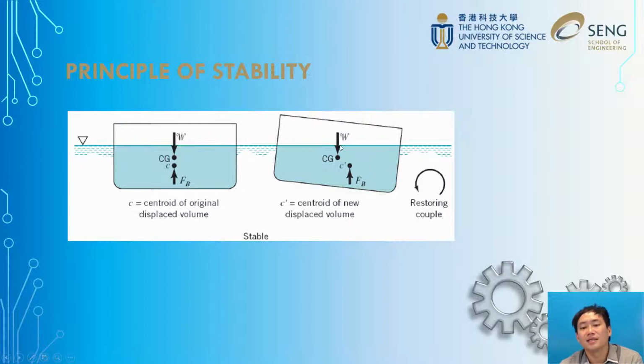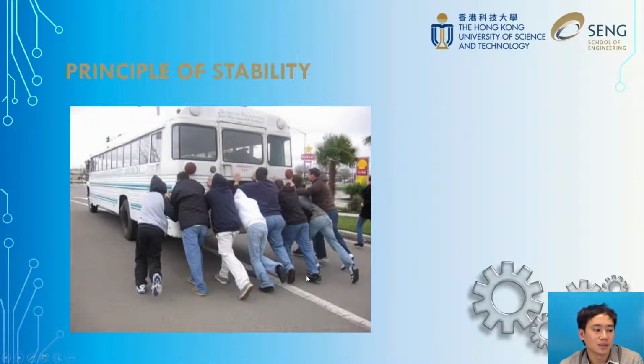And the combined effect is that it will still provide a restoring moment. That's why a ship will remain in stable condition, even though the center of mass is higher than the center of buoyancy.